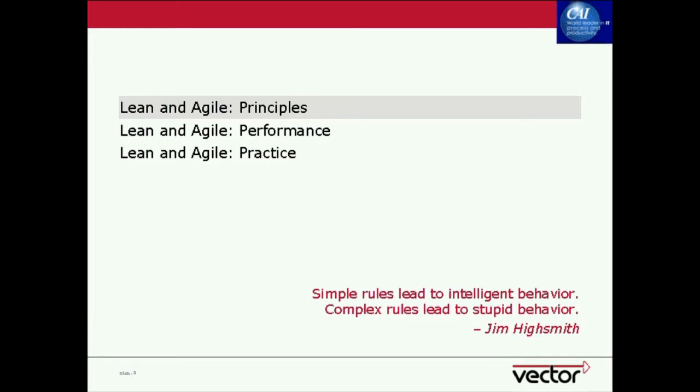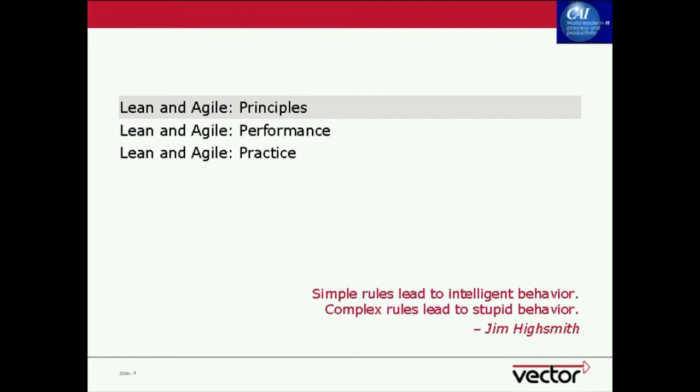And I think this quote of Jim Highsmith, which I have here, is already a good starting point, because it underlines that despite all the necessity to have some rules and some process which nobody really questions, independent whether it's agile, lean, or any other development paradigm, it's important to not overdo, to not have overly complex rules.